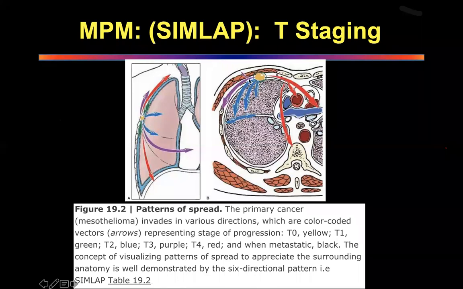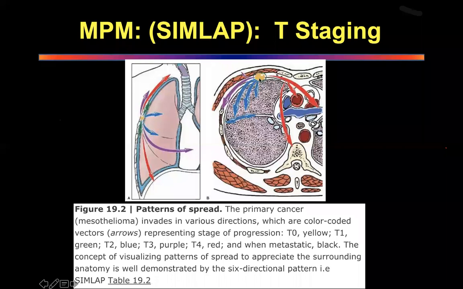The purple represents invasion into mediastinal structures or outwards into the chest wall. And the red represents metastatic spread into anything and everything, including the contralateral side.